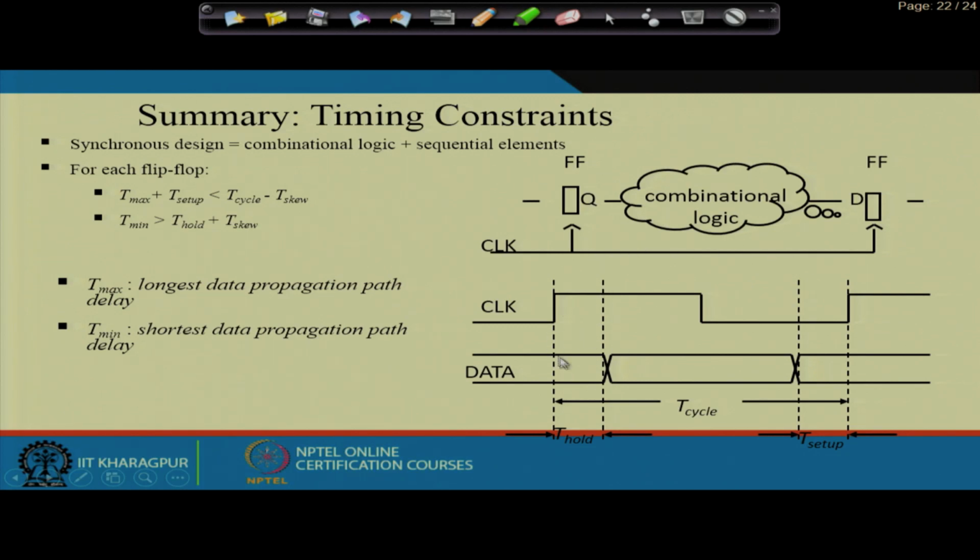At this clock edge, the data should not change for the hold requirement; after the hold requirement is satisfied, the data can change its value. And this is the setup requirement, the time before the clock edge appears where the data cannot change its value.